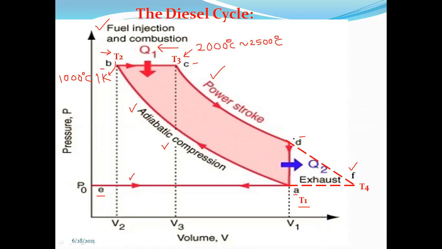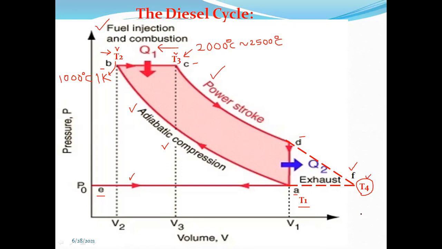After that, in the power stroke, temperature decreases to initial temperature. So here another point, that is another temperature at F, which is T4. So we need T1, then T2, then T3 and T4 for the calculation of efficiency of diesel cycle.